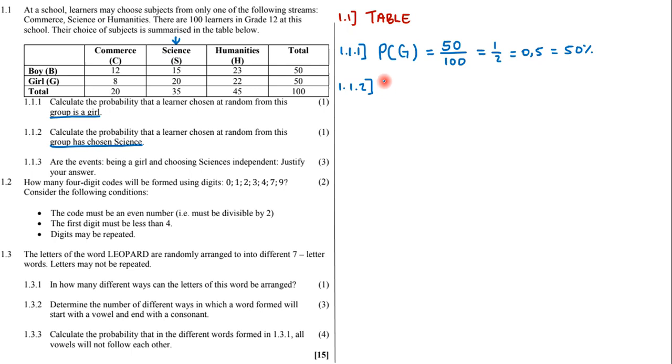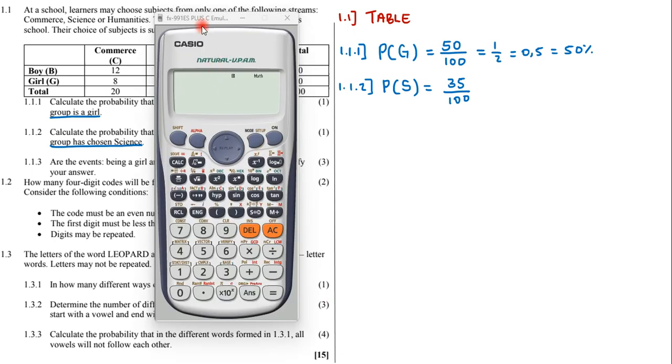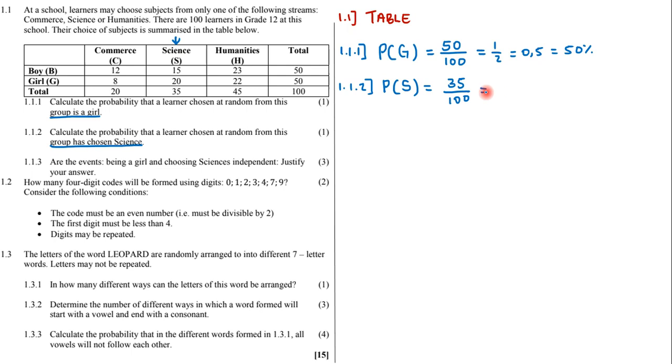So the probability for this one will be the probability of doing science, where S stands for science. The event is 35, and the outcome is 100. When you simplify 35 over 100 using a calculator, we get 7/20.